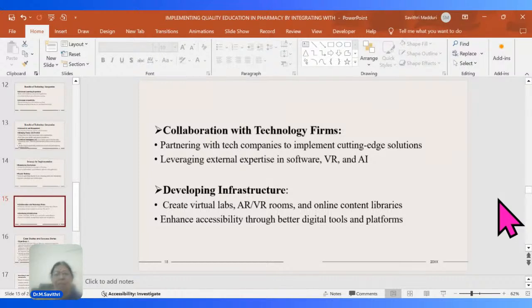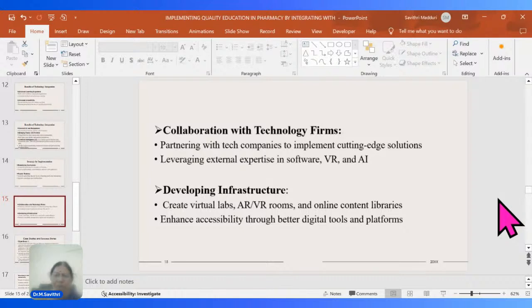And leveraging external expertise in software, virtual reality and AI. This can happen only with collaboration with the technology firms, so that our students get good jobs.